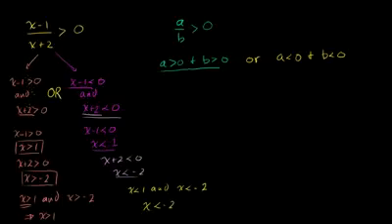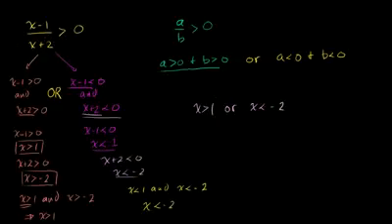So both of them being positive boils down to x being greater than 1, or both of them being negative boils down to x being less than minus 2. So our solution is x could be greater than 1, that's both of these positive, or x is less than minus 2. That's both of these negative.